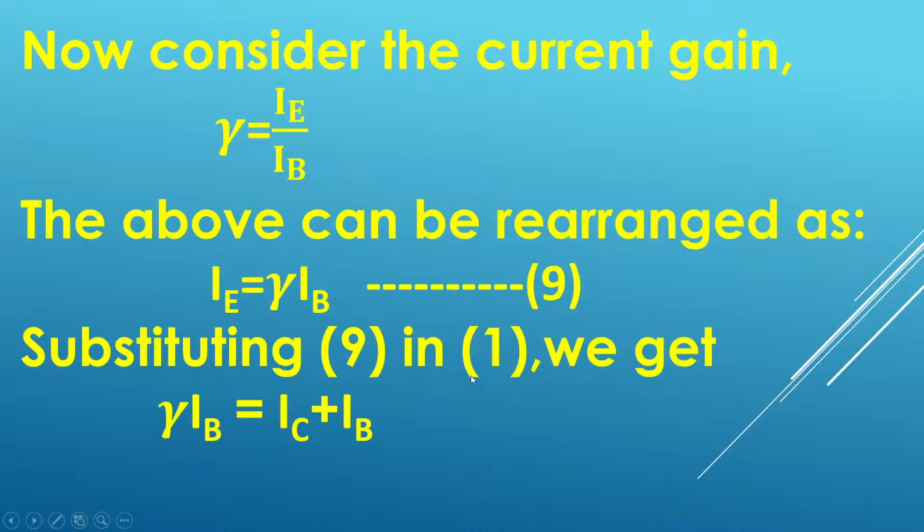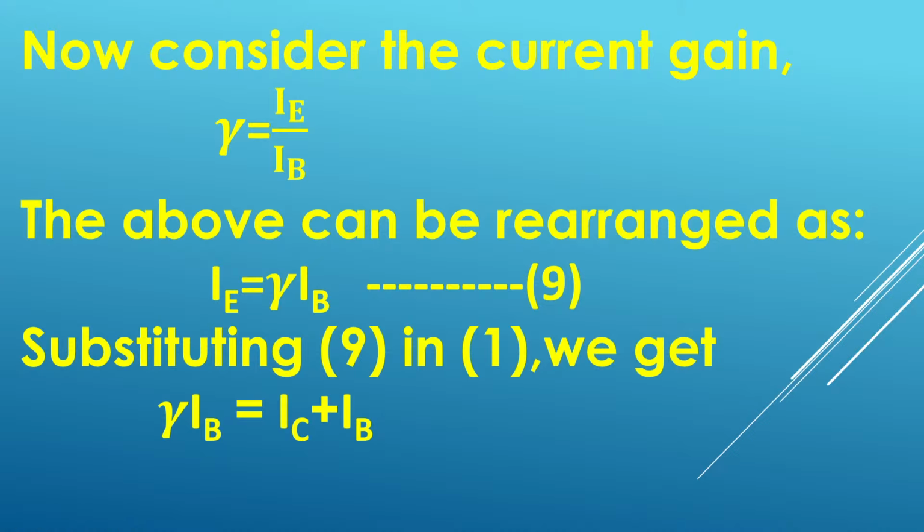Now substitute this 9 in 1. 1 is the first equation, the relationship between collector current, emitter current, and base current. So substitute 9 in the first equation. Instead of IE, write gamma IB equal to IC plus IB.